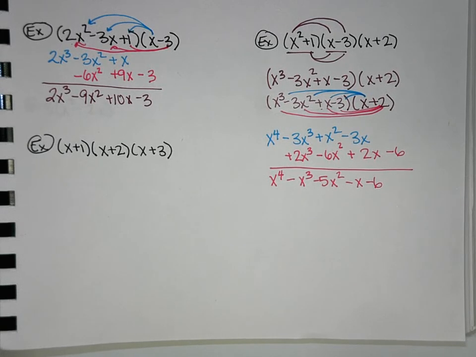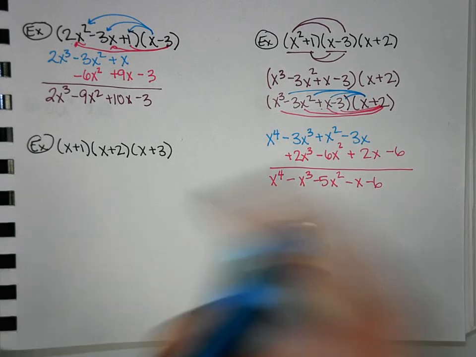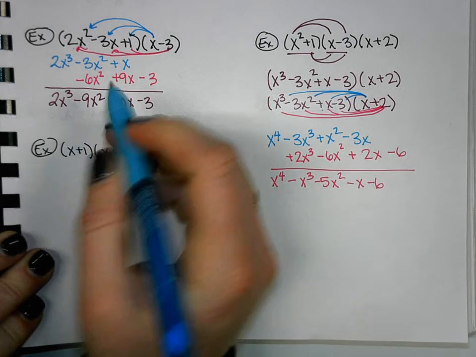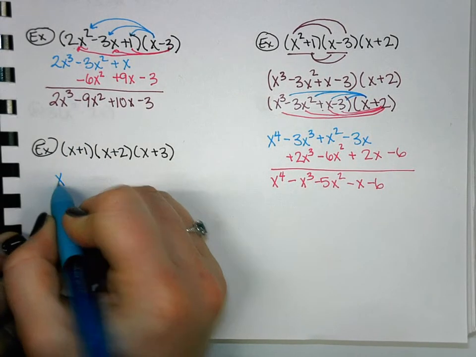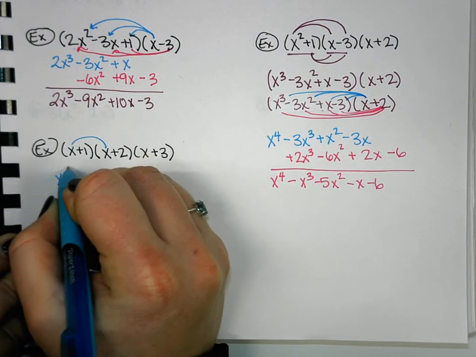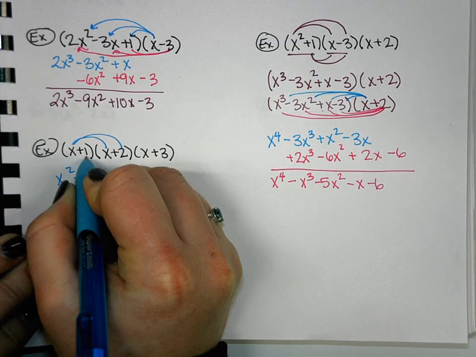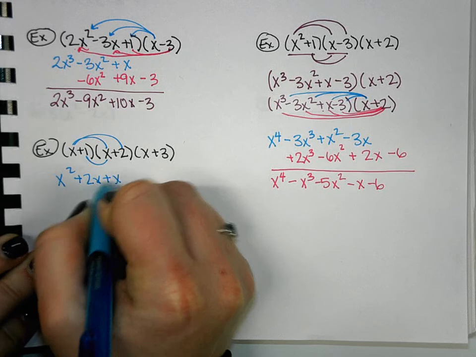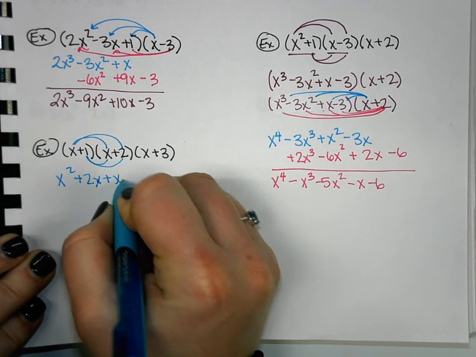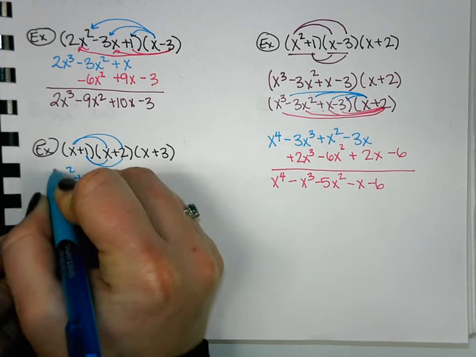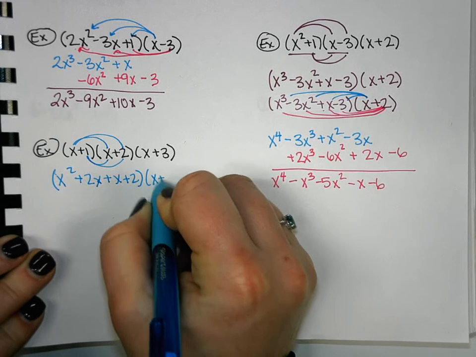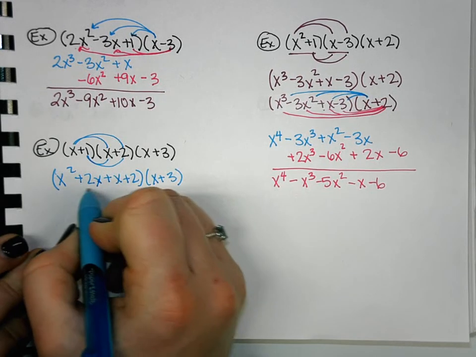The first two? Okay. So let's start with multiplying the first two. So we have x squared plus 2x plus x plus 2. Combine like terms.